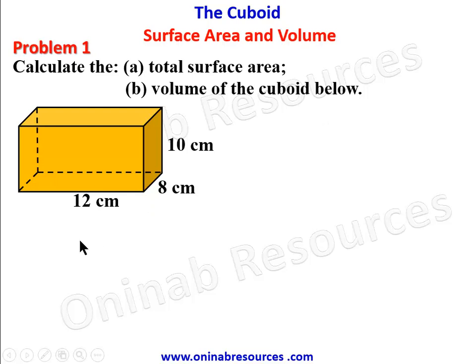So for the A part of the problem, we have to calculate the total surface area, and we know the formula is 2 into LB plus BH plus LH, and our L is 12 centimeters, our B is 8 centimeters, and our H is 10 centimeters.